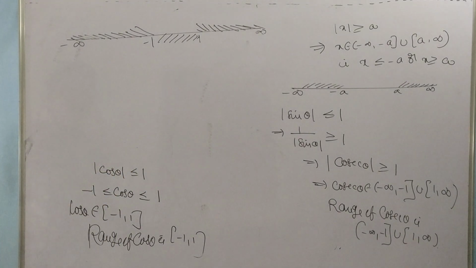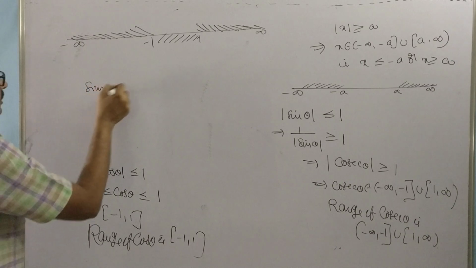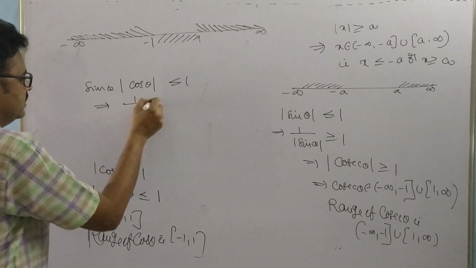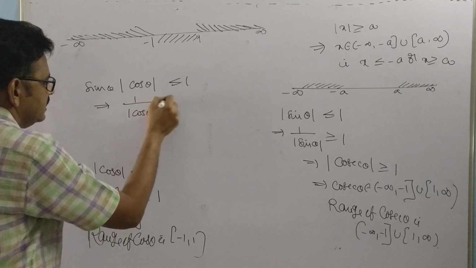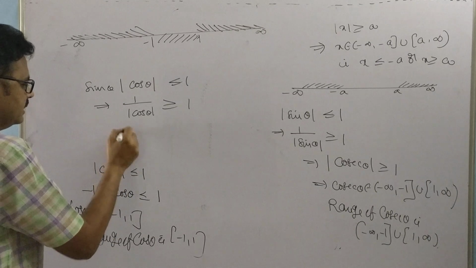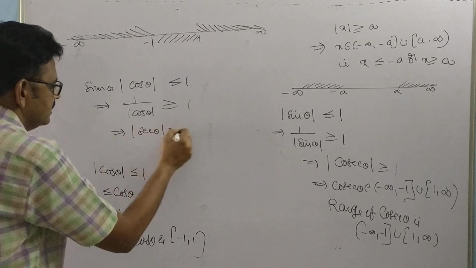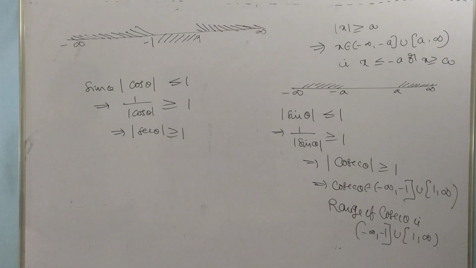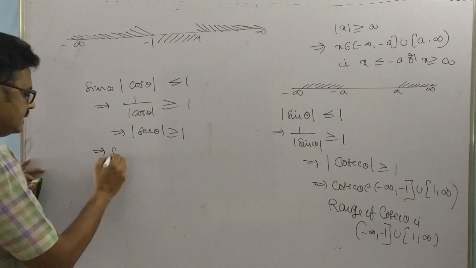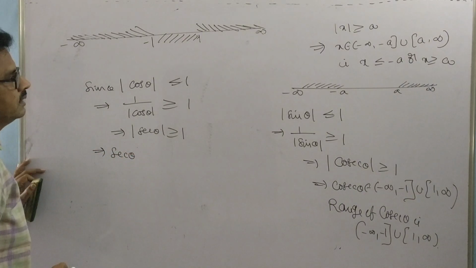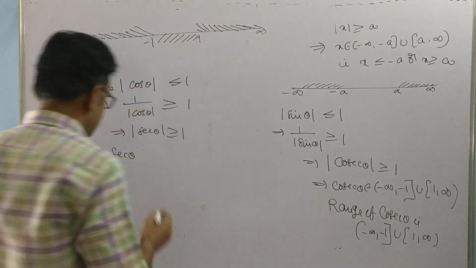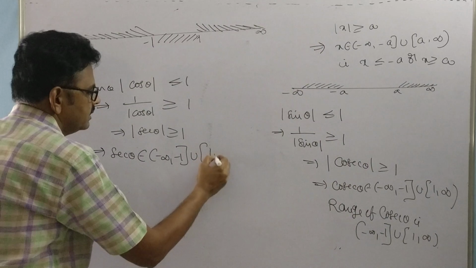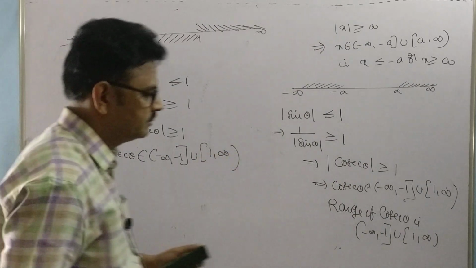And similarly, since mod of cos theta is less than or equal to 1, 1 by mod cos theta is greater than or equal to 1, which implies mod of secant theta is greater than or equal to 1. That implies secant theta, according to this definition, belongs to minus infinity comma minus 1 union 1 comma infinity.